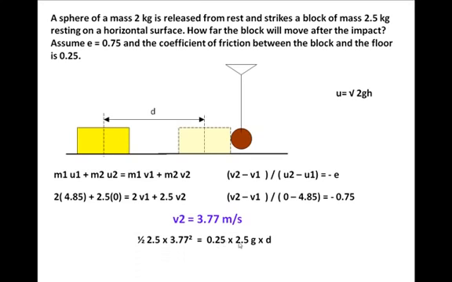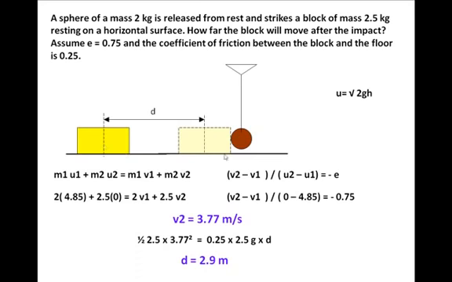Mu is 0.25 and the reaction in this simple case is the weight. So mu R into d is the work done by the frictional force, or energy lost in friction, and that has to be equal to the initial kinetic energy. If we solve this, we get d as 2.9 meters. So due to this direct impact, the body will move 2.9 meters towards our left.